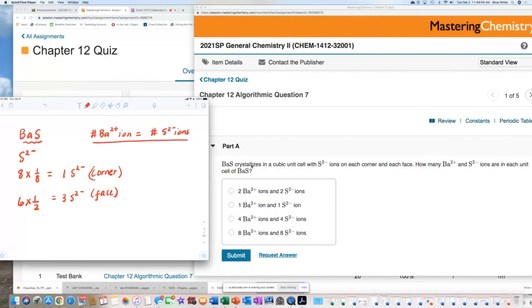How do I know this? From this relationship here. Since it says Ba1S1, that means the number of barium ions you have must equal the number of sulfide ions. So if I got 4 total sulfide ions, how many barium ions should I have?